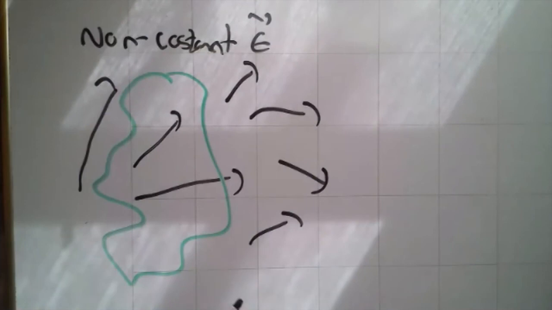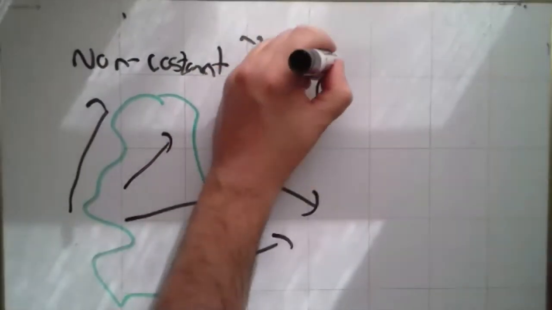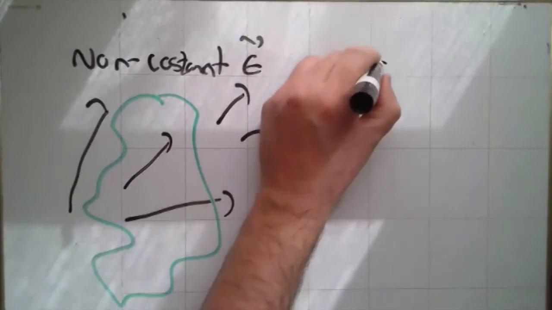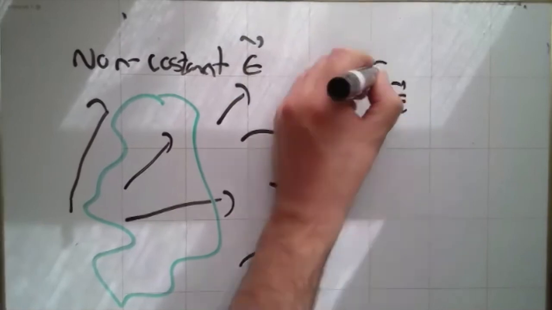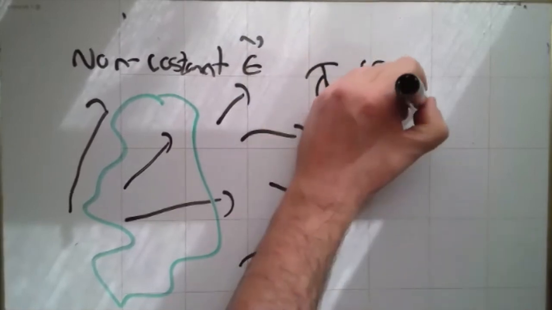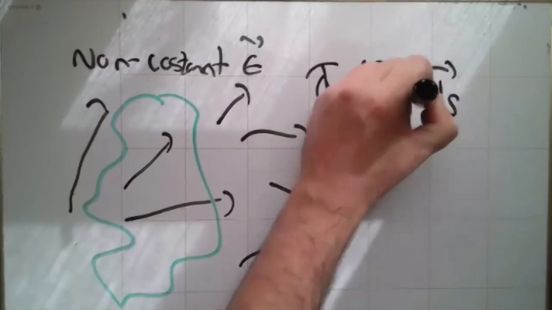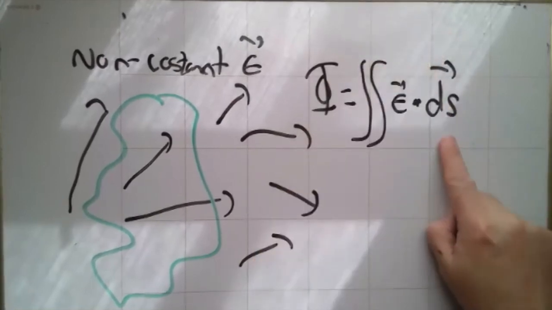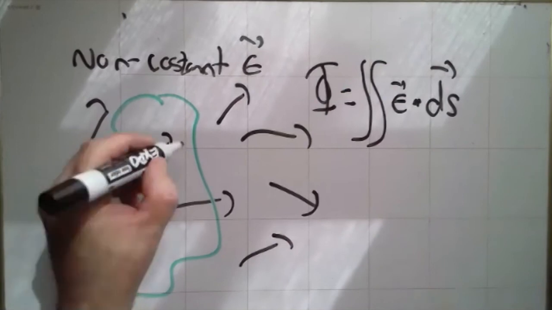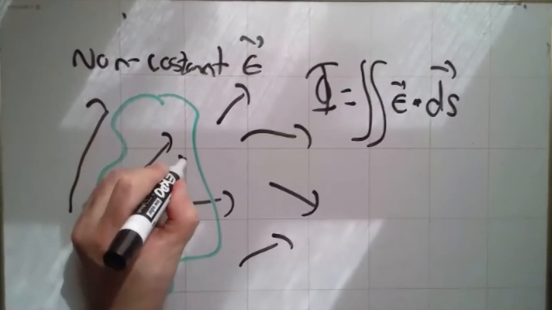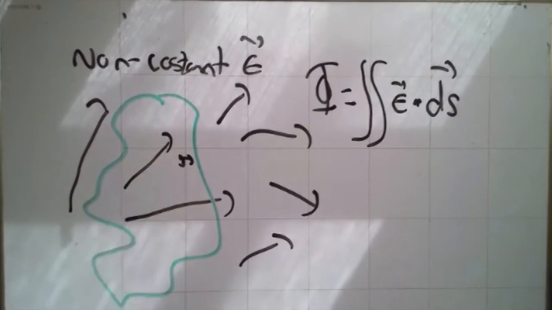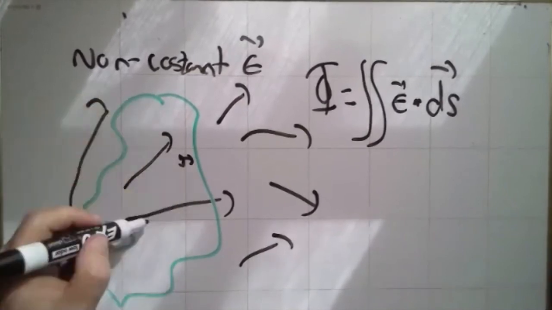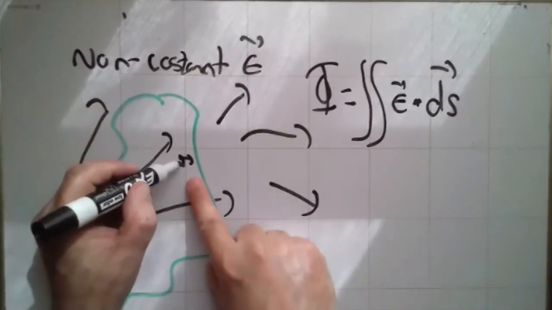Then the most general form is that the flux through that surface is the surface integral. So this is a double integral of E dot dS, where dS is vectors perpendicular to the surface. So I draw in, at every single point along this entire surface, a little normal vector.